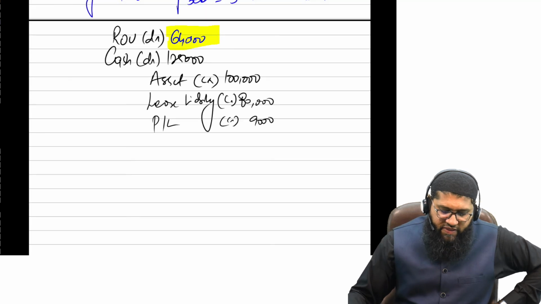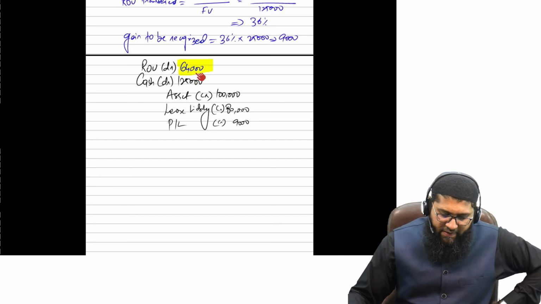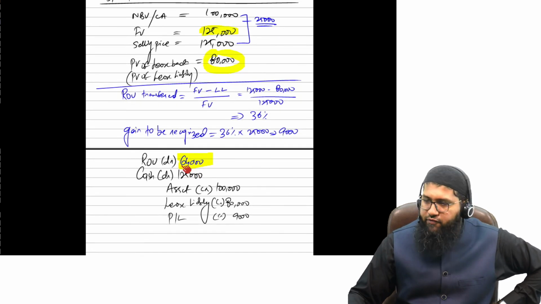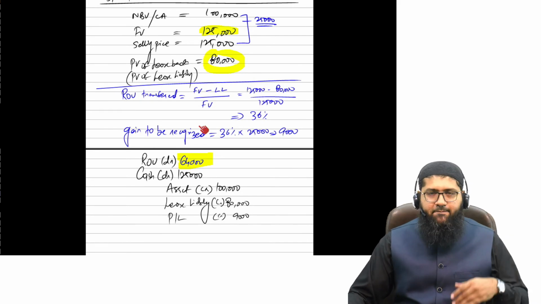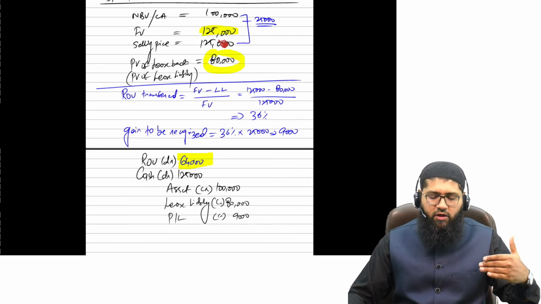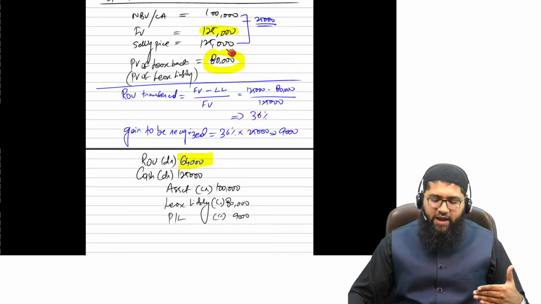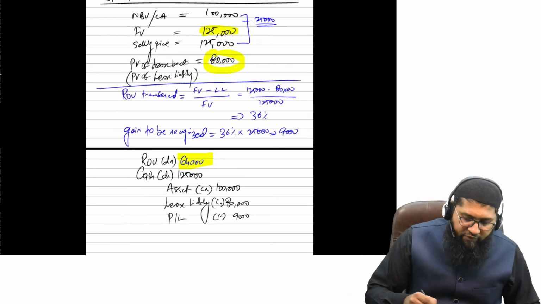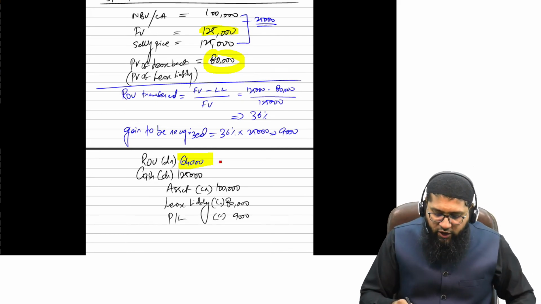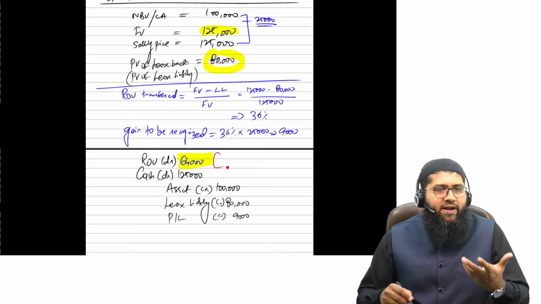So this is the way to record the sale and leaseback transaction. I could zoom out for all of you to have a look at it. Net book value was 100,000, the fair value was 125,000. Now this is how you recognize it. A lot of you would ask how the right of use of the asset is recognized. It's very simple.